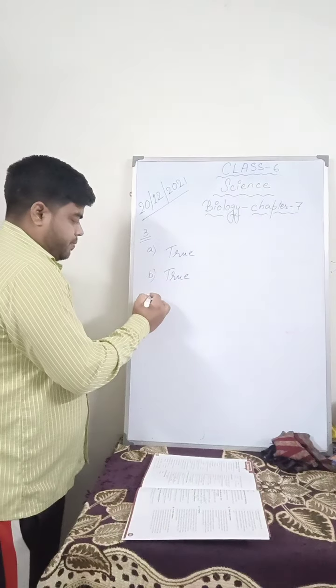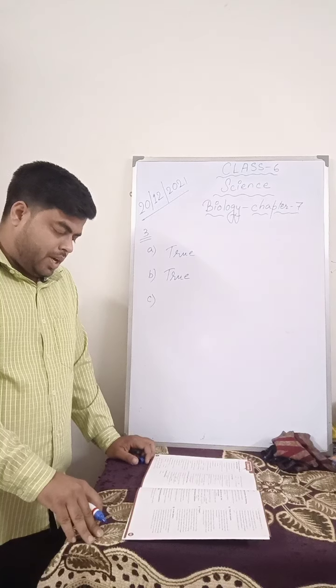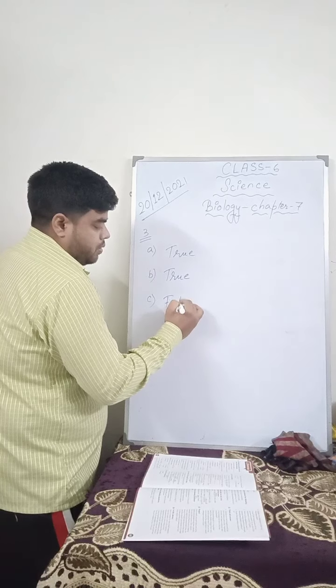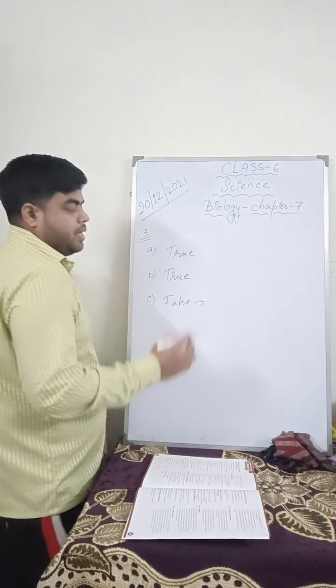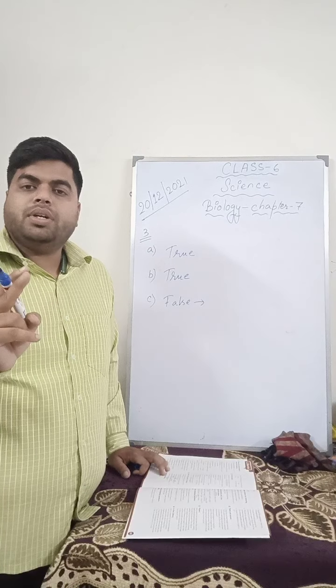Number C. Animals such as zebra and giraffe are found in desert. The statement is false, and I said always, for a wrong statement there can be two corrections.